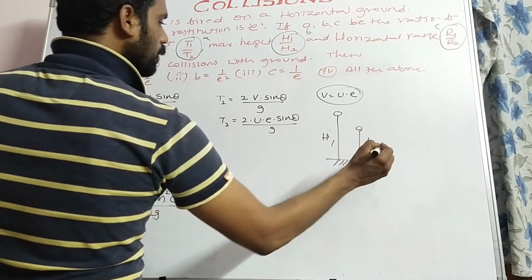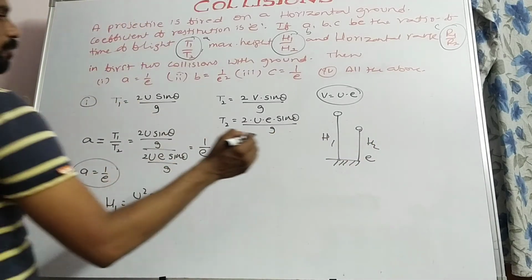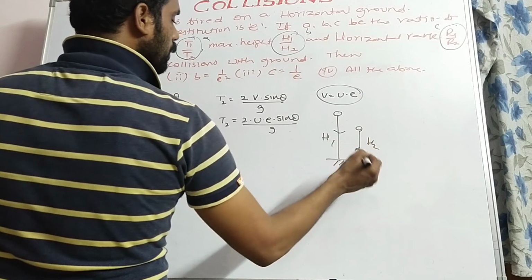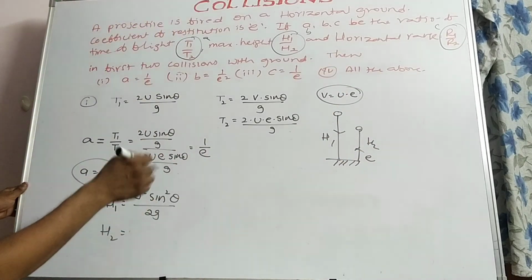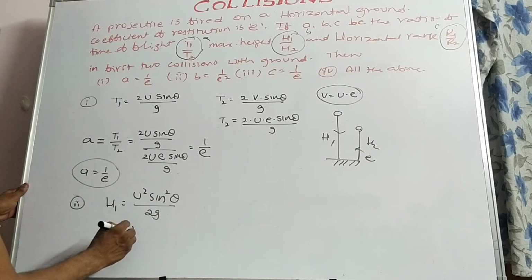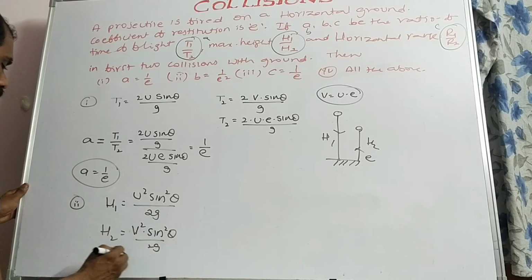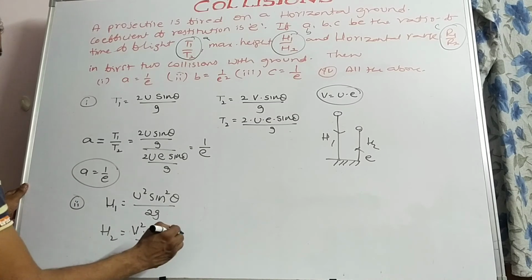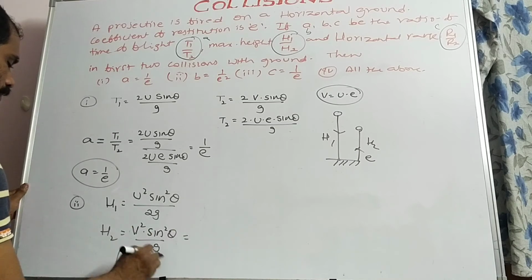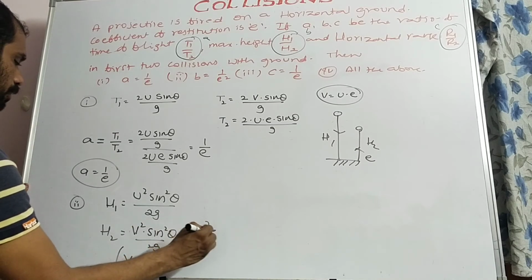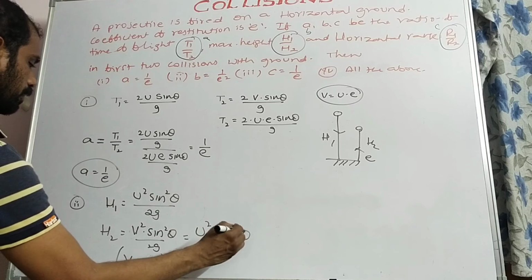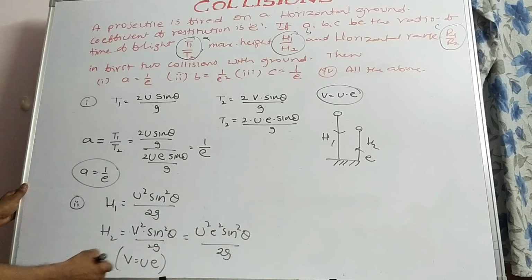So here we have to take e in the rebound. When it drops, no problem, but when it is moving up, we have to consider e also, where V is equal to u into e, so that u square e square sin square theta by 2g.